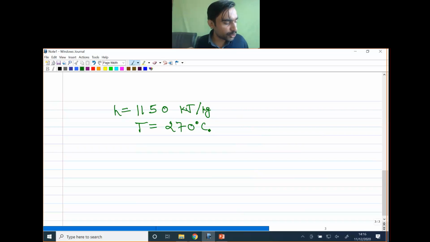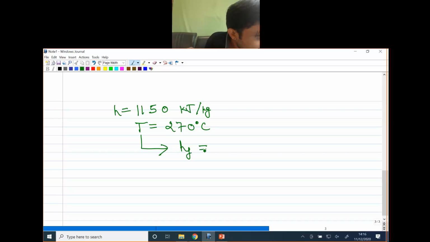So if temperature is 270 degrees Celsius, we can clearly see that corresponding to 270 degrees Celsius, the value of HF is equal to 1185.1 kilojoule per kg.